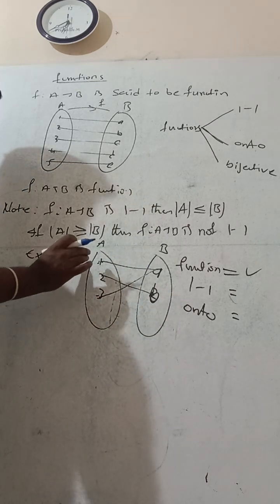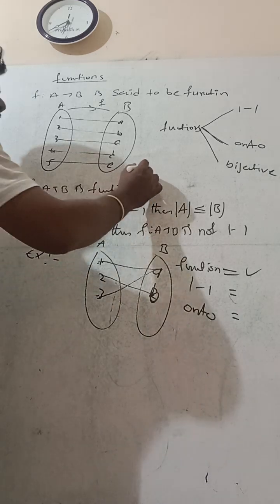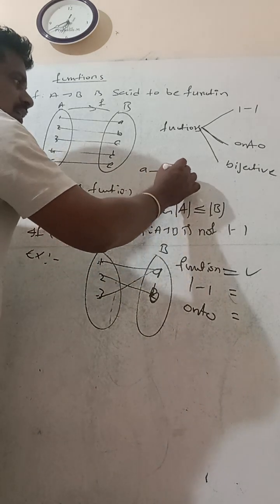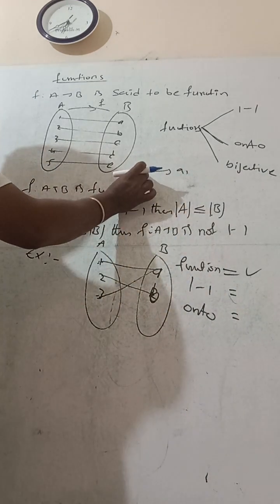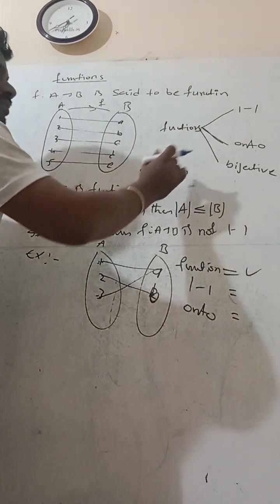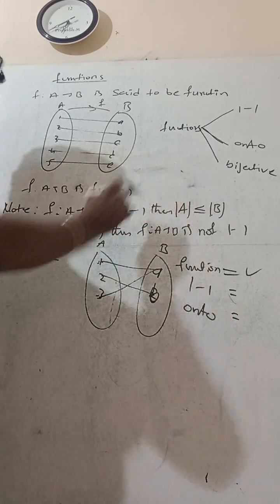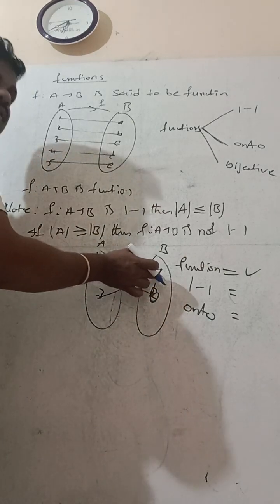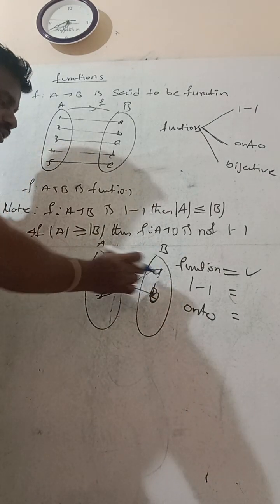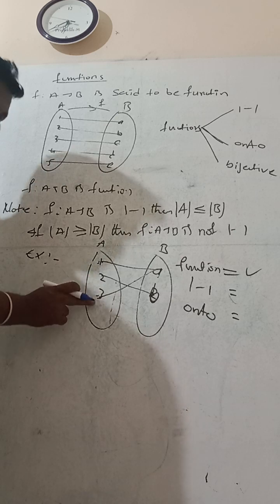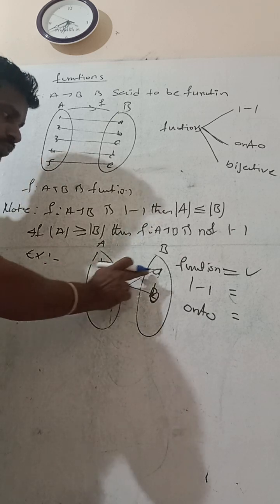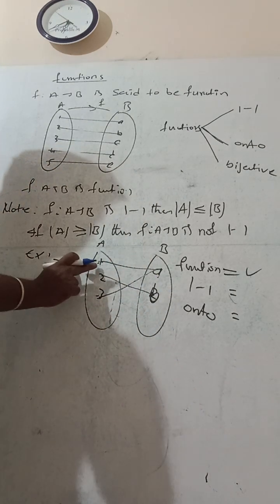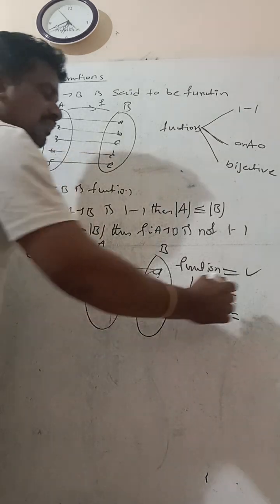The definition of one-one is that one element goes to only one element, so distinct elements go to distinct elements. Here 1 goes to a and 2 goes to b, but 3 goes to a again. These are distinct elements that go to the same element, so this is not a one-one function.